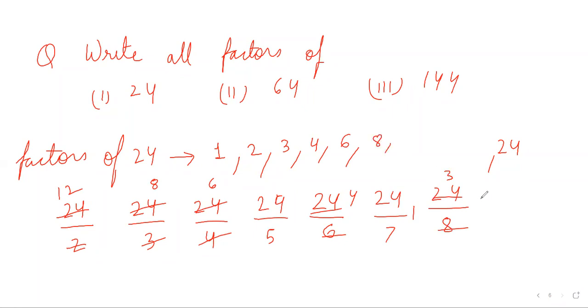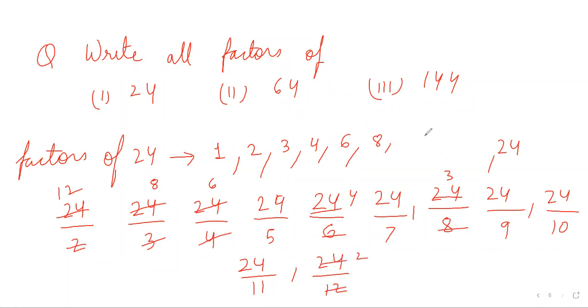9, no, it is not divisible by 9. 10, it is not divisible by 10. 11, it is not divisible by 11. It is divisible by 12, so I will write 12.